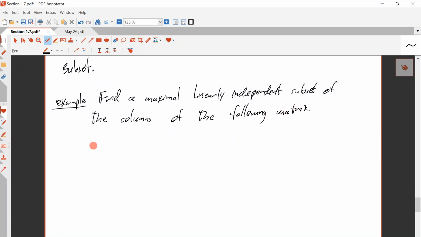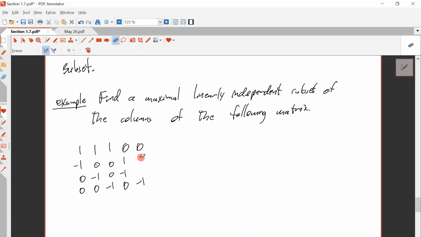Okay, so here's the matrix. Column 1, -1, 0, 0, 1, 0, -1, 0, 1, 0, 0, -1, 0, 1, -1, 0, and 0, 0, 1, -1, 0, 0, 1, 0, -1, and 0, 0, 1, minus 1.